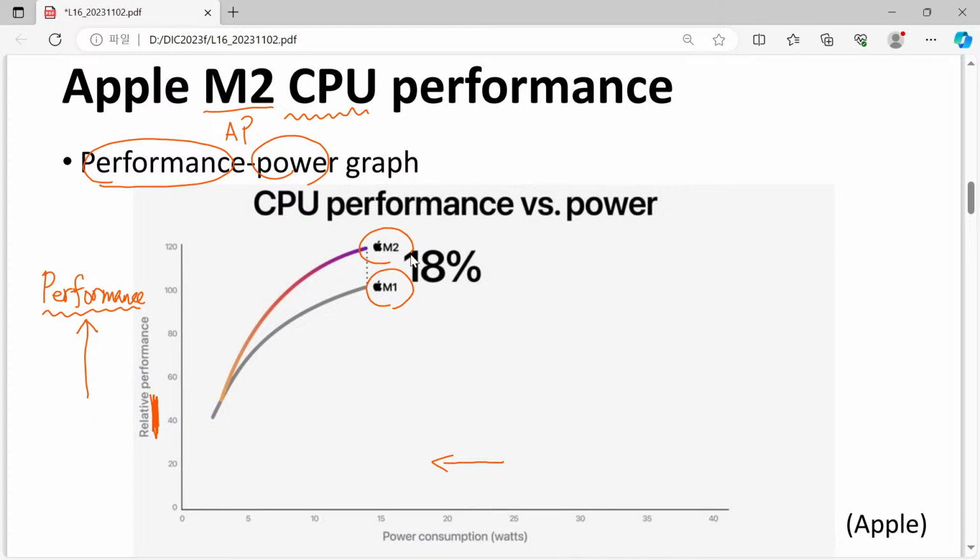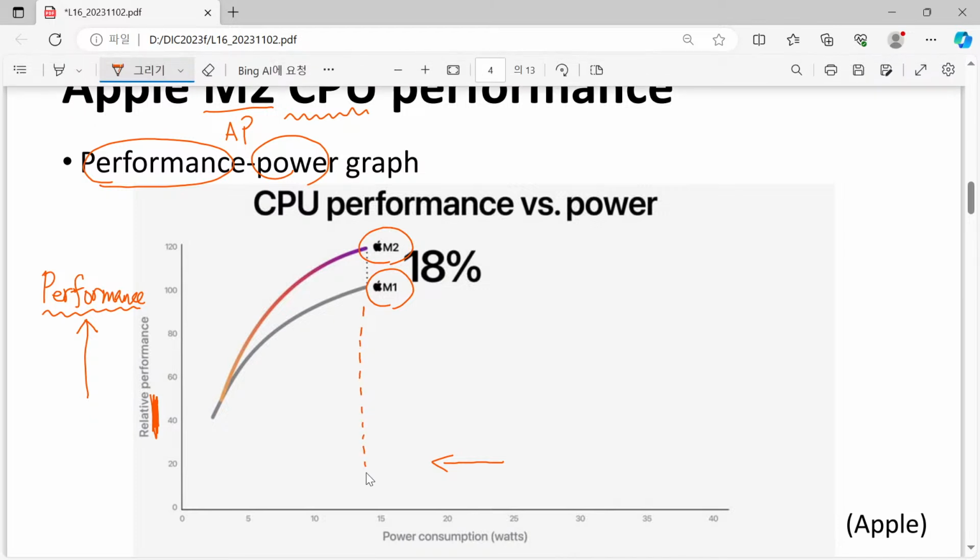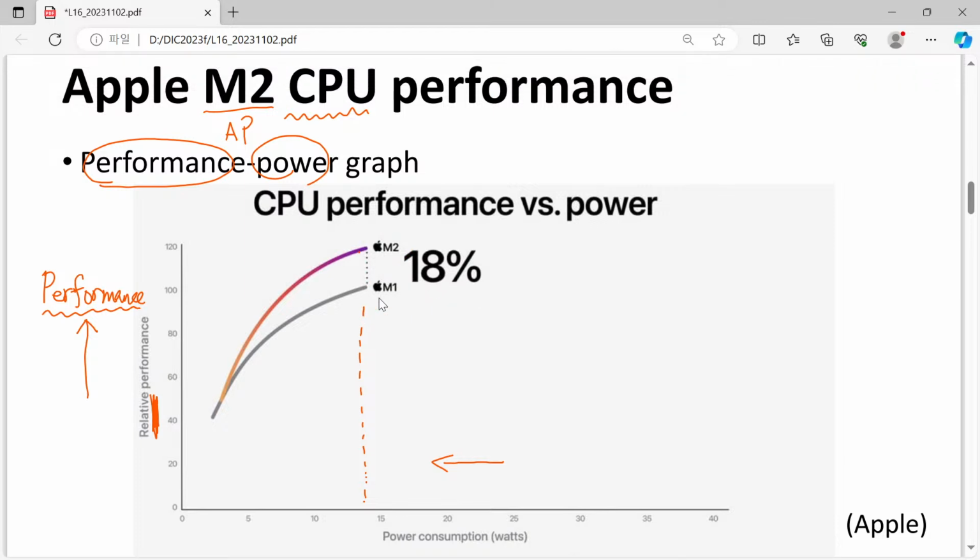So M2 says that, okay, given power consumption, our new chip at the time can achieve about 20% to 18% higher performance at a given power consumption. That was the advertisement.